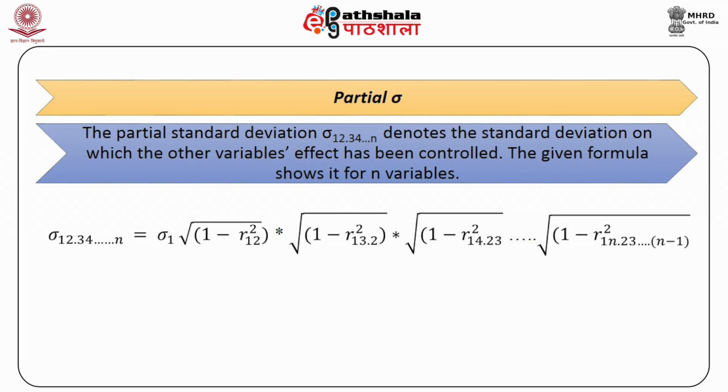Sigma 1.234 till n is equal to sigma 1 multiplied with square root of 1 minus r square 12 into square root of 1 minus r square 13.2 into square root of 1 minus r square 14.23, and this goes on till the last variable, that is square root of 1 minus r square 1n.23 till n minus 1.